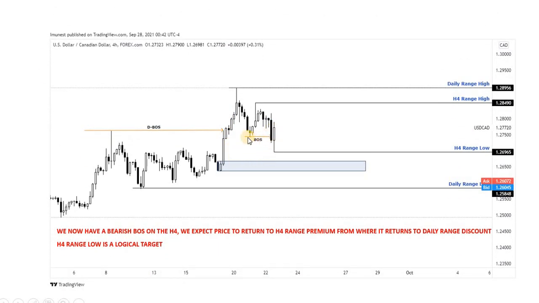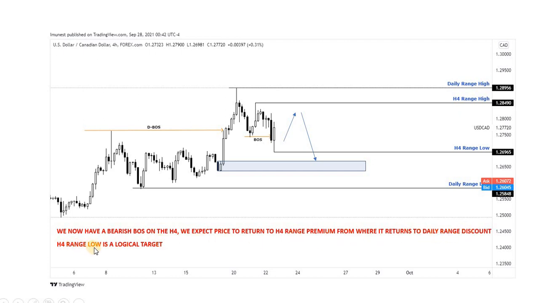Then what do we see? We actually have the bearish break of structure on the 4-hour. So we expect price to return to the 4-hour range premium, from where it returns to the daily range discount level.